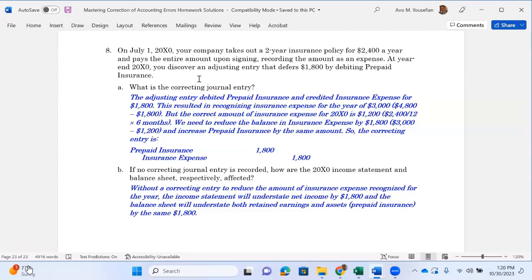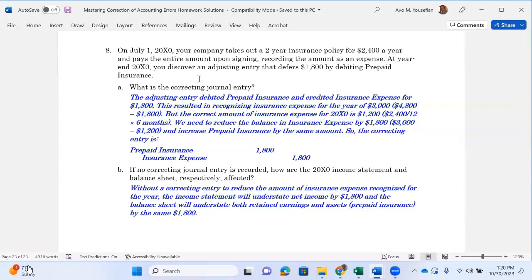So $2,400 times 2, it's $4,800 cash paid. So cash credit $4,800, and we record it as expense. So insurance expense, that's a debit of $4,800. So cash credit, insurance expense debit. So far, so good. At the year end of 2020, you discover an adjusting entry that defers $1,800 by debiting prepaid insurance.